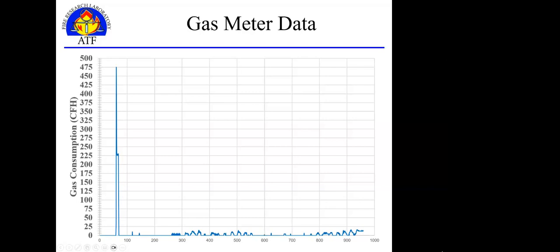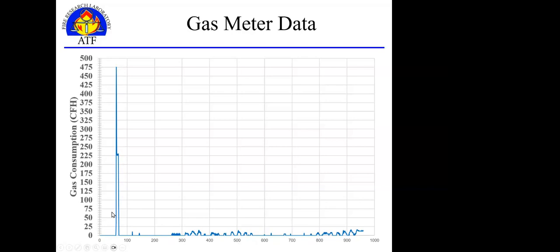But you can see from a historical standpoint, you had some gas consumption, not much. And then the day of the fire, you had essentially 10 or 20 times the amount of usage prior to the explosion occurring. I think this is probably the consumption leading up to the explosion, and then the explosion occurred and you had broken pipes and a really high flow that way.